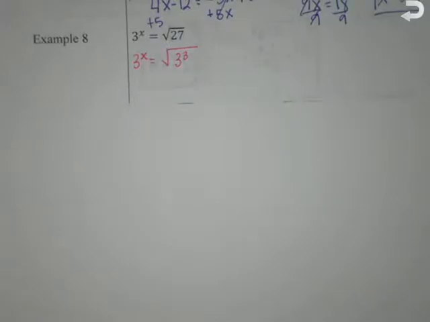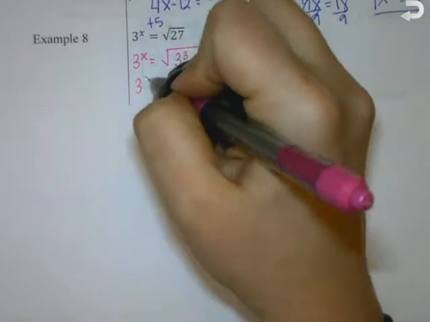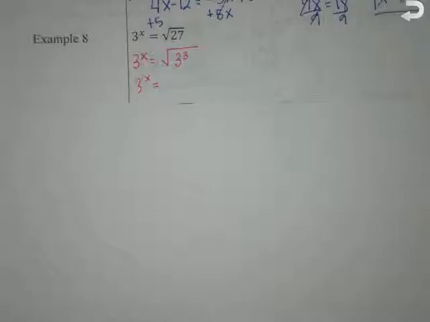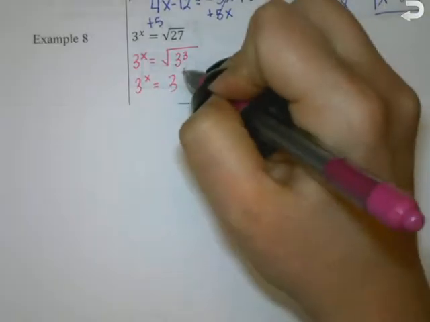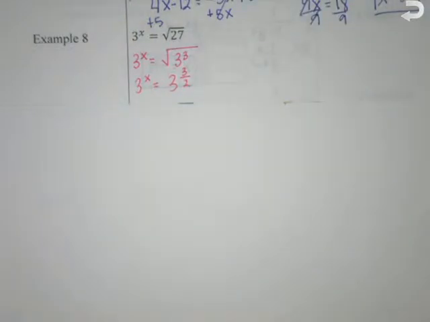You could square both sides, but there's actually a better way. What kind of exponent is a square root? Do you guys remember? 1/2. Okay. So we rewrite it as a fraction. Remember when we were going back and forth between roots and fraction exponents?